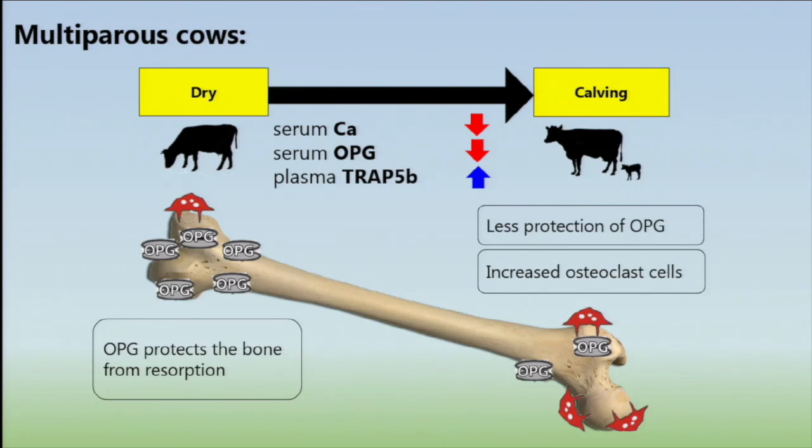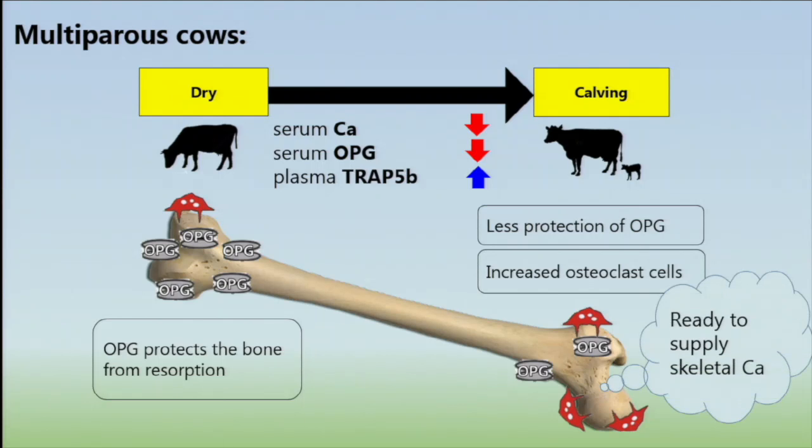But after calving, there is less protection with decreased levels of OPG, and also increased osteoclast cells with increased levels of plasma TRAP5B. To sum up, the bone seemed ready to supply the calcium into blood at calving.